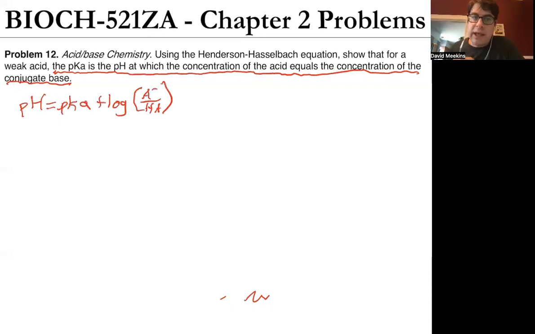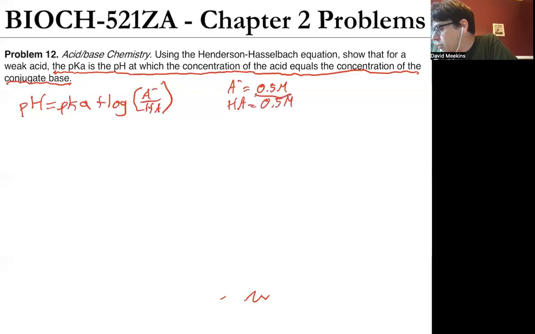So let's plug into this equation where the conjugate base and the acid are at the same concentration. Let's say the base A minus equals 0.5 molar, and the acid also equals 0.5 molar. So that would be 0.5 over 0.5. You can do this for any value. Let's say 0.01 and 0.01, or 2 molar over 2 molar.